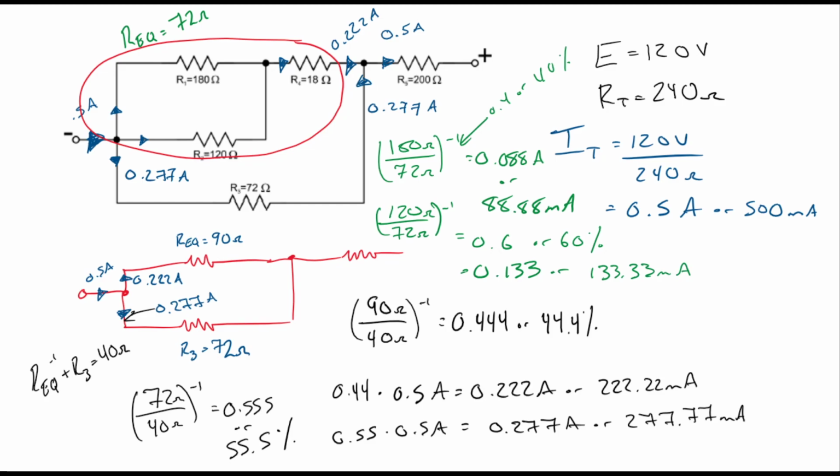So this traveling to the 120 is 0.133 amps. Traveling up, I'm going to erase that because I'm going to make it in the same color as their current arrow, 0.133 amps.